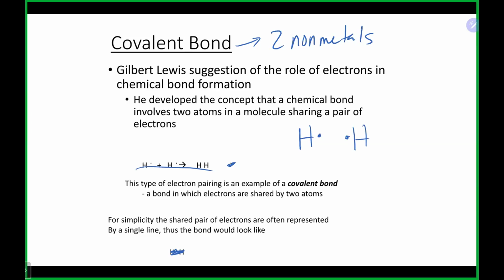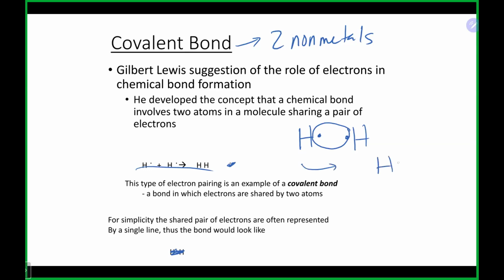So what's going to happen in this situation is neither one of them is going to want to give away their electrons. When we get two nonmetals together, the best they could do is go, well, I'm not going to give mine away, you're not going to give yours away, why don't we just share? And we envision that both of these atoms end up sharing these electrons together.